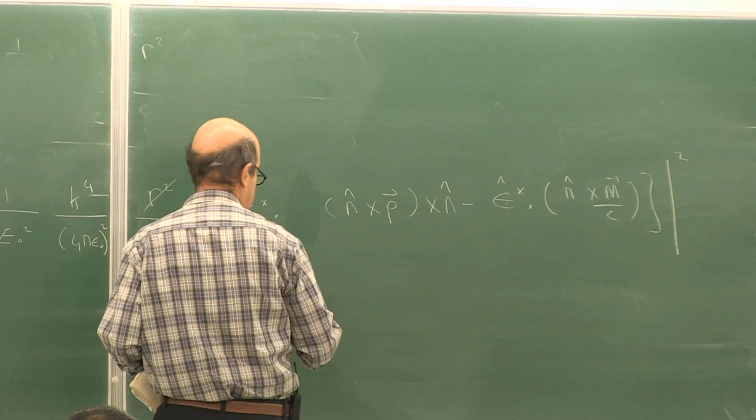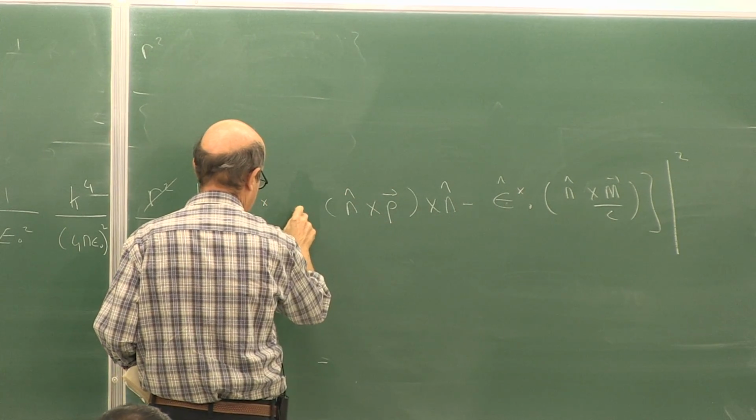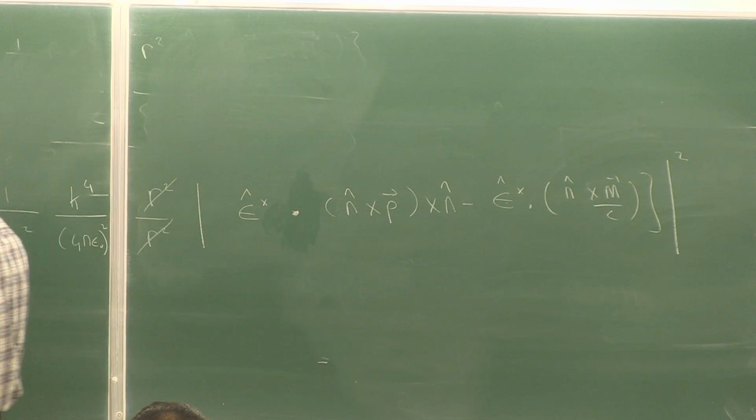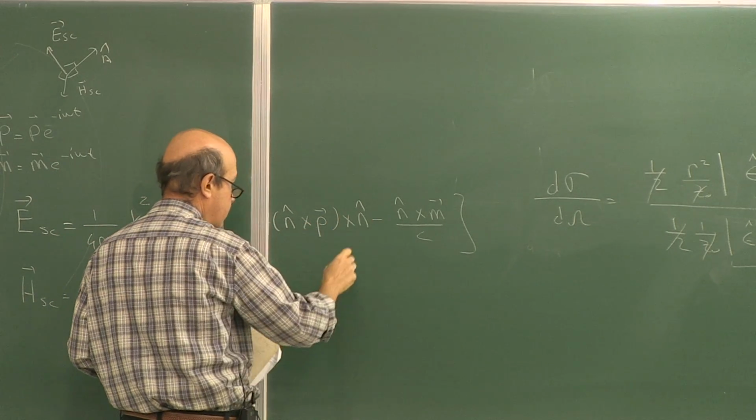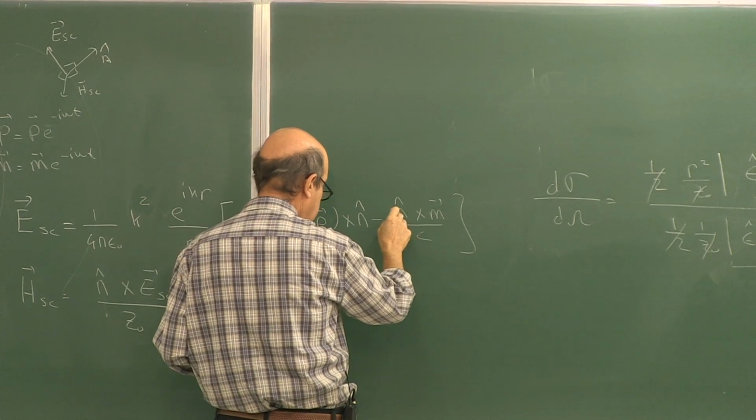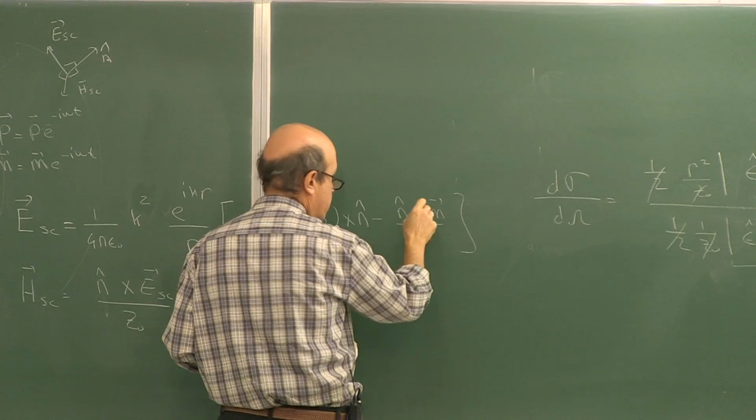So basically this is the situation. So the epsilon unit vector dot product first n cross p cross n, then epsilon complex conjugate dot with n cross m.